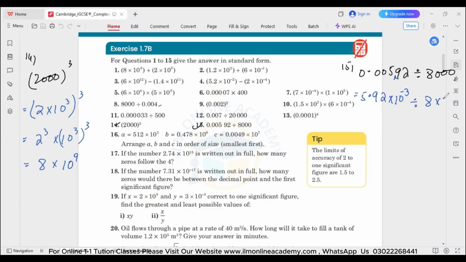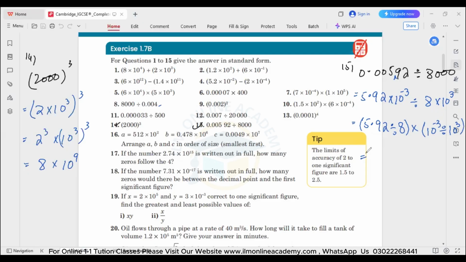And this will be 8 times 10 raised to the power positive 3. Okay. So what we need to do is to deal with the numbers in division in this way. 5.92 you need to divide by 8, and this 10 raised to the power negative 3 you need to divide by 10 to the power 3.